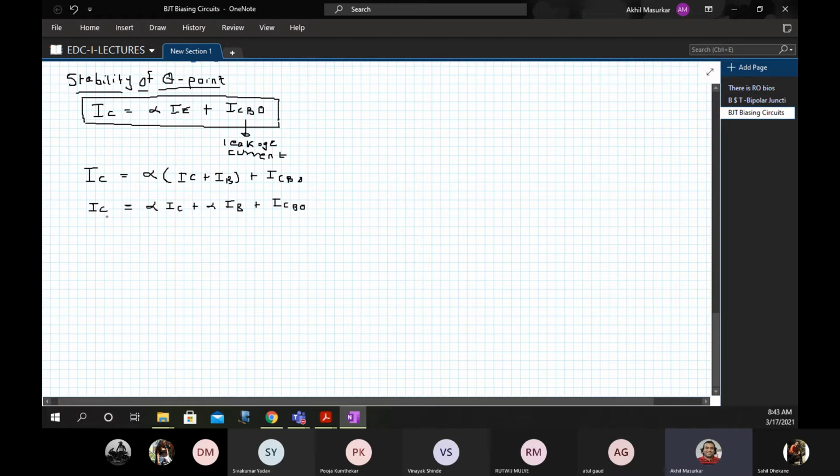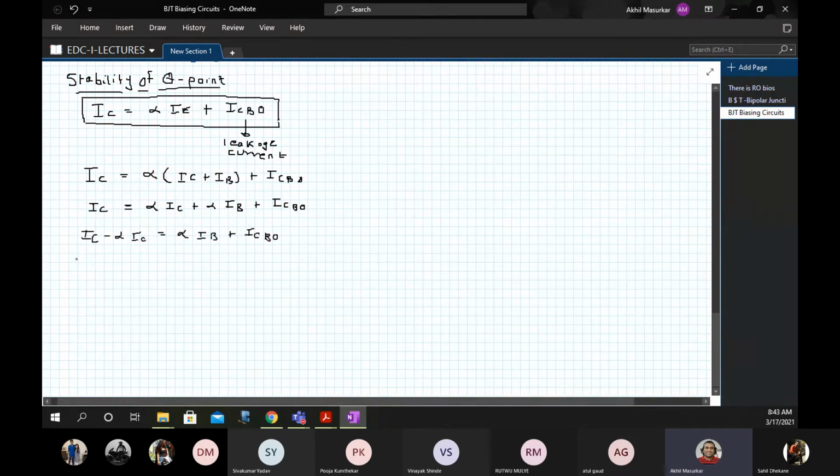Now take alpha IC to the other side: IC minus alpha IC is equal to alpha times IB plus ICBO.